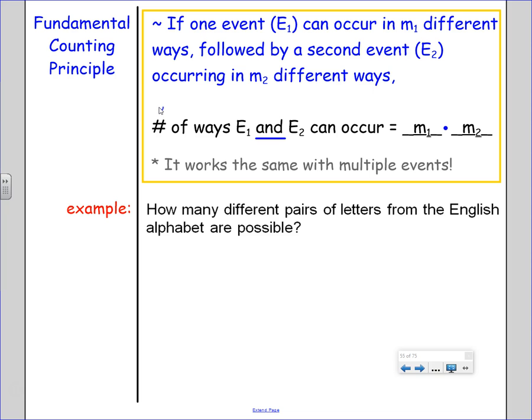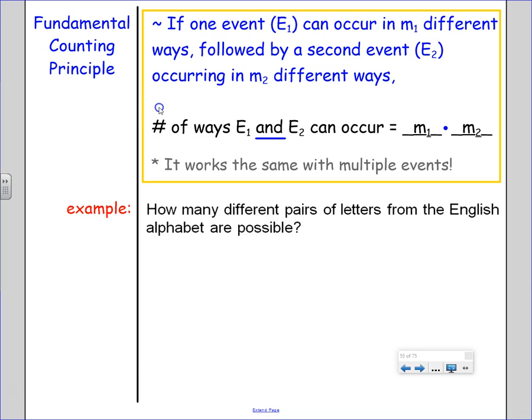Okay, the fundamental counting principle. If one event, an event, snazzy name for the situation that's occurring, like a computer generating a number, like a person picking a card, if one event can occur in M1 different ways, followed by a secondary event, picking a second card, flipping a coin a second time, choosing a second letter or number, followed by a second event occurring in M2 different ways.